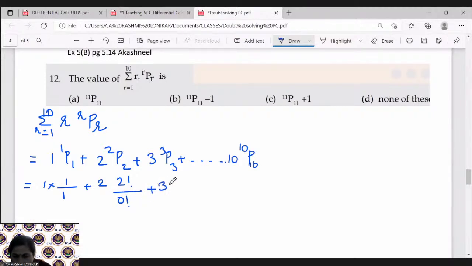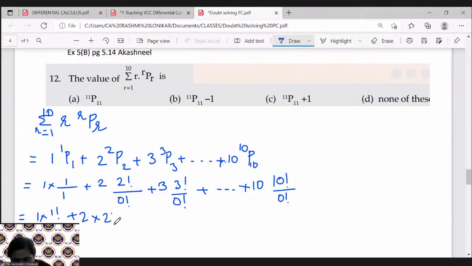Plus 3 into 3 factorial upon 0 factorial and so on, plus 10 into 10 factorial upon 0 factorial. So how much do I get? This is 1 into 1 factorial plus 2 into 2 factorial plus 3 into 3 factorial and so on plus 10 into 10 factorial. Okay.